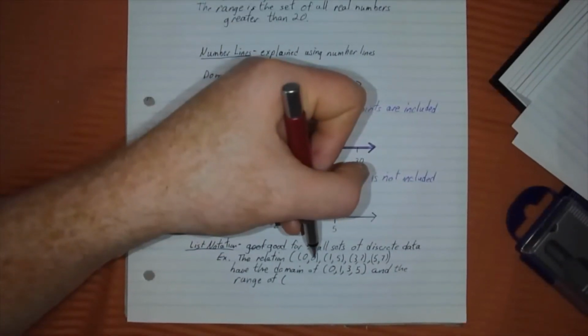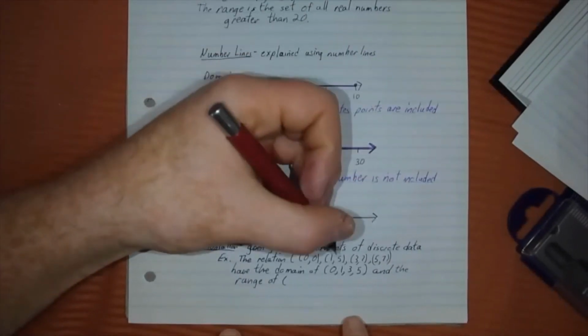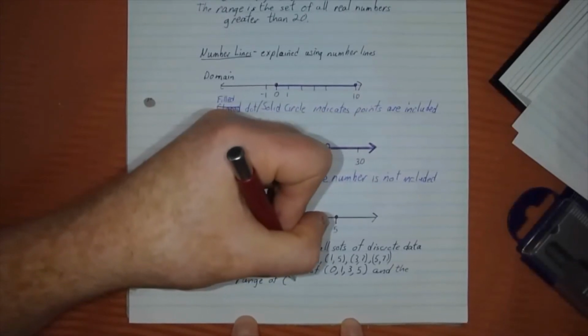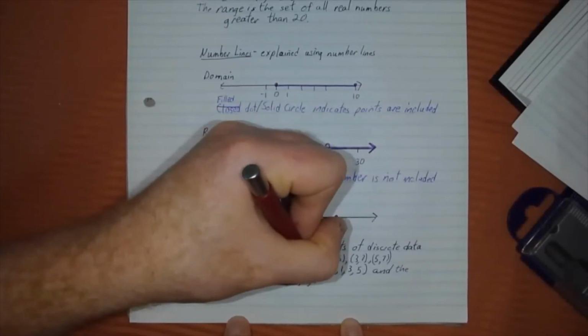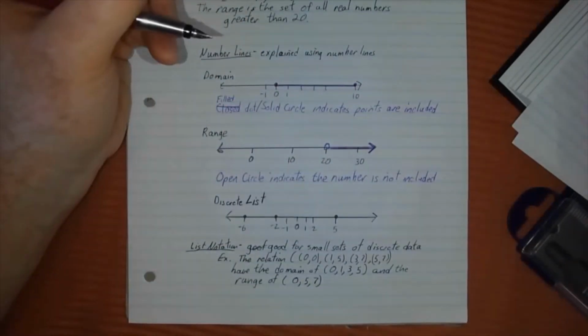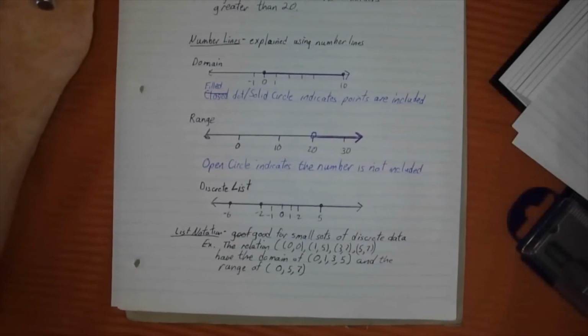So the y value is the range. The second one in an ordered pair is 0, 5, 7, 7. I don't need to write 2 sevens because 7 is the same as 7. Include each number one time. That would be list notation.